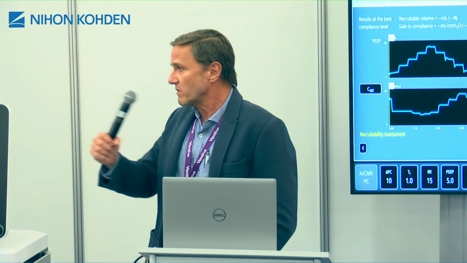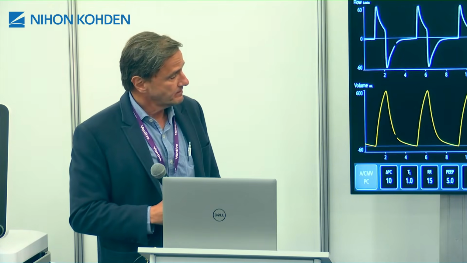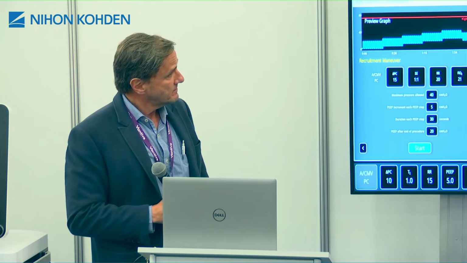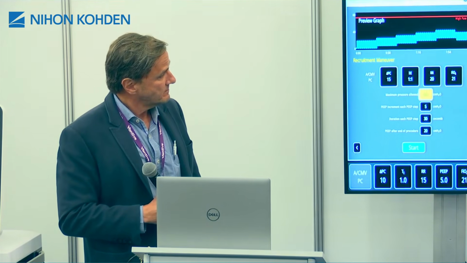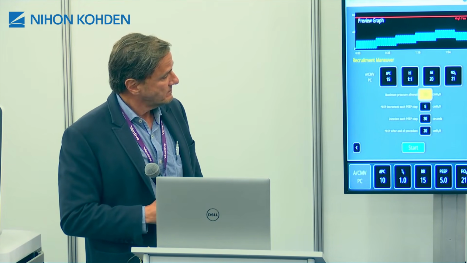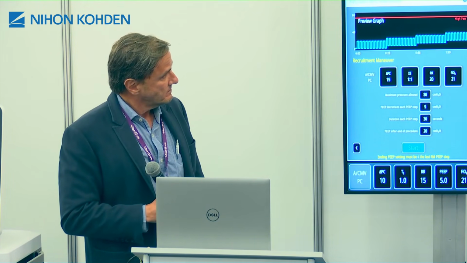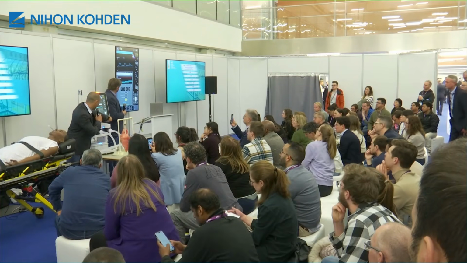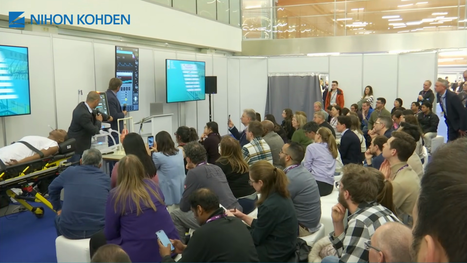And for your second question, let me show you here how to do it. Let me go to the recruitment maneuver, the second maneuver here. Let me do a very gentle recruitment maneuver to this pig lung. And here, this is the PEEP level at the end of the maneuver.